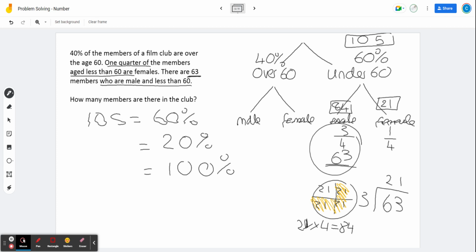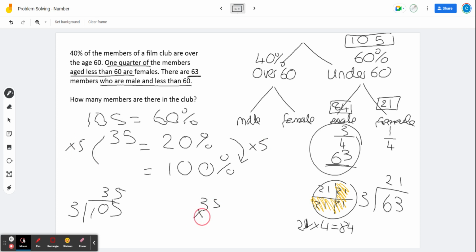So if I divide that by 3 to get to 20%, that's 35. Now if I times this by 5, 5 of those will make 100. 35 times 5 is 175. So that's my answer. There are 175 people in this club.